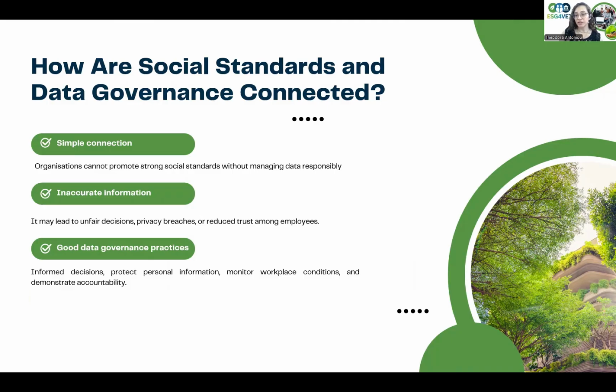If this information is inaccurate, incomplete, or poorly protected, it may lead to unfair decisions, privacy breaches, or reduced trust among employees. However, when organizations follow good data governance practices, they can make informed decisions, protect personal information, monitor workplace conditions, and demonstrate accountability. Responsible data management therefore supports fairness, transparency, inclusion, and respect for people's rights.